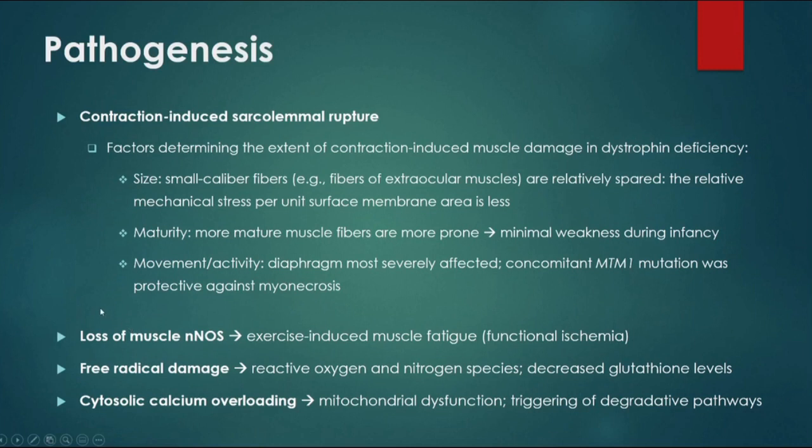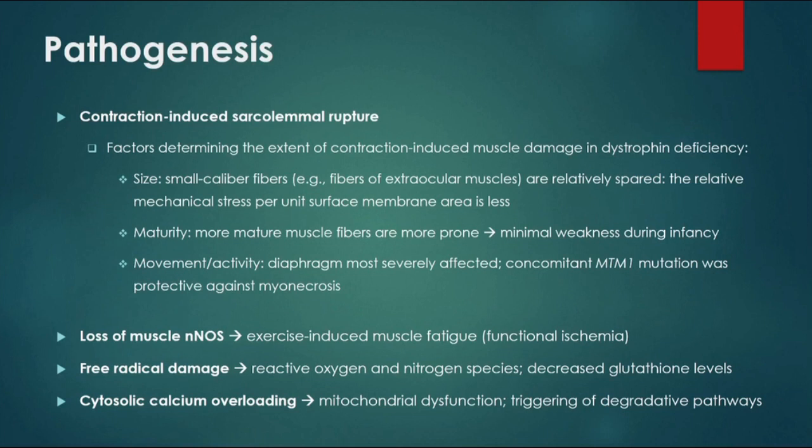The other important factors that contribute to the pathogenesis include loss of muscle nNOS, which is the neuronal nitric oxide synthase, the enzyme associated with the dystrophin protein. Whenever the muscle is contracting, there is a focal increase in the perfusion of muscle, caused by vasodilation, which in turn is caused by this nitric oxide synthase.